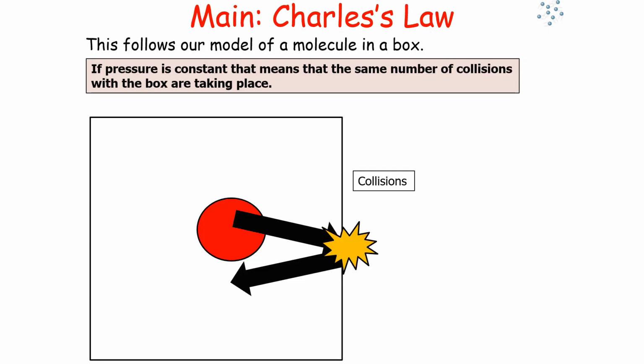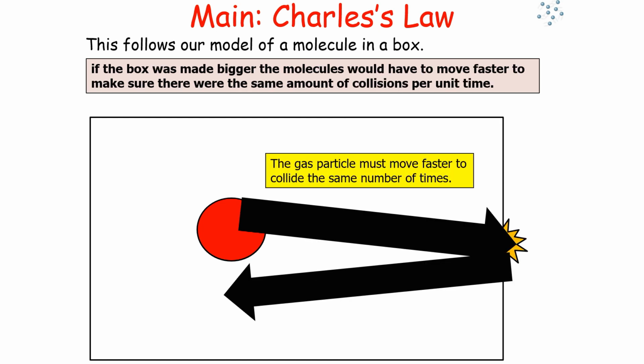Once again, this follows our model of a particle in a box, because if the pressure is constant, it means there's the same number of collisions of the gas particles with the sides of the container every second. So if we make the box bigger, the gas molecules would have to move faster to make sure you have the same amount of collisions every second, so the temperature must be going up.